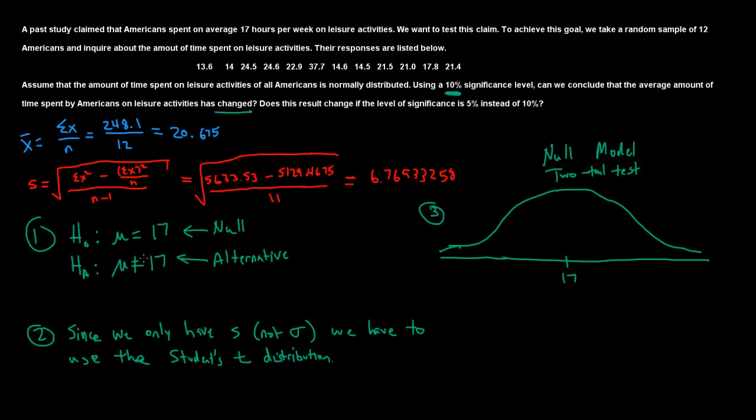So that means we're dealing with both tails as far as our rejection regions go. If there's a 10% significance level, that means that 10% is going to be in both tails.